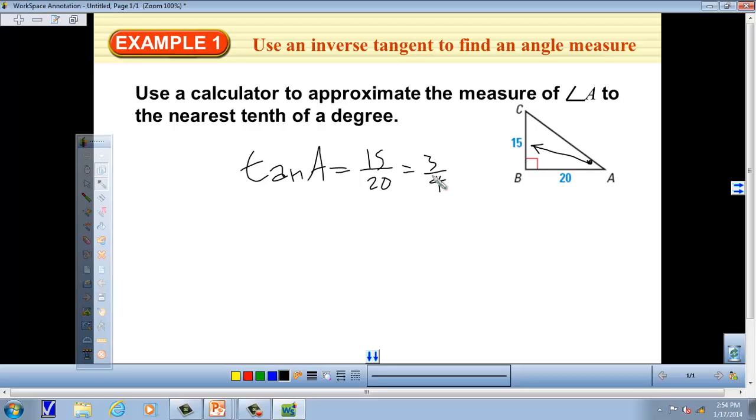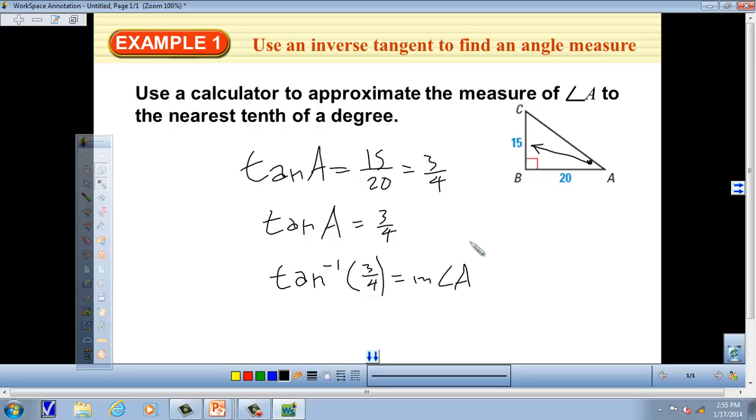Now that we know that tangent of A is equal to 3/4, we can flip these around, the A and the 3/4, and it becomes an inverse tangent. So the inverse tangent of 3 over 4 gives us the measure of angle A.